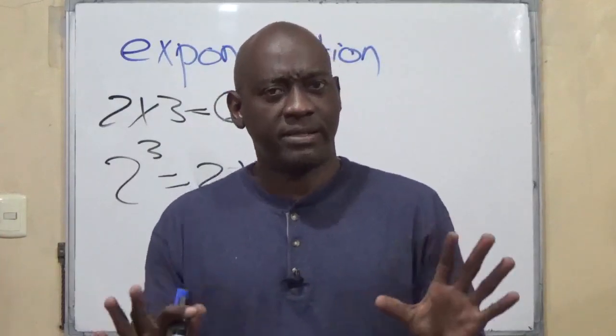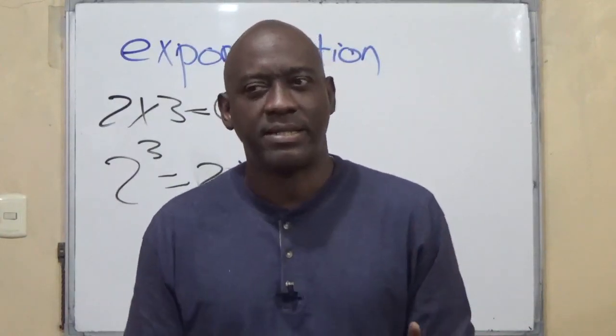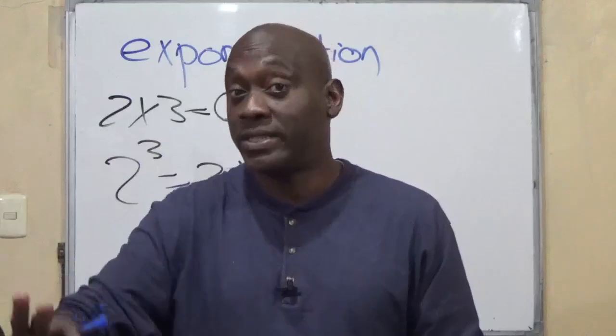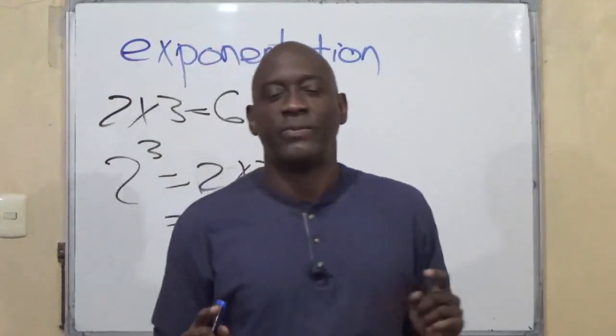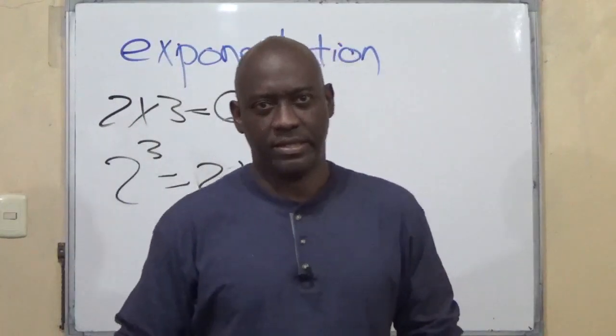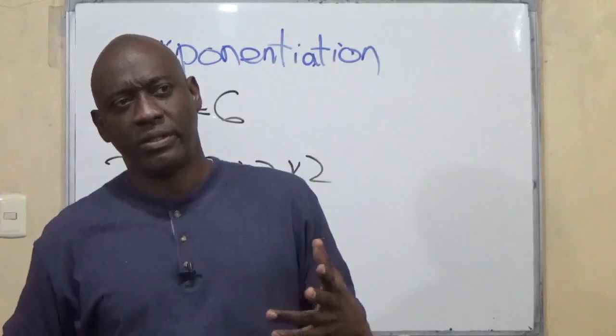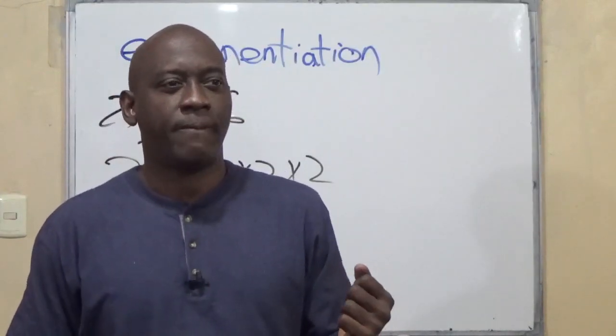So we are familiar to some extent with squares, and of course, by extension, with square roots. That is where positive numbers are concerned. What about when you have negative numbers?